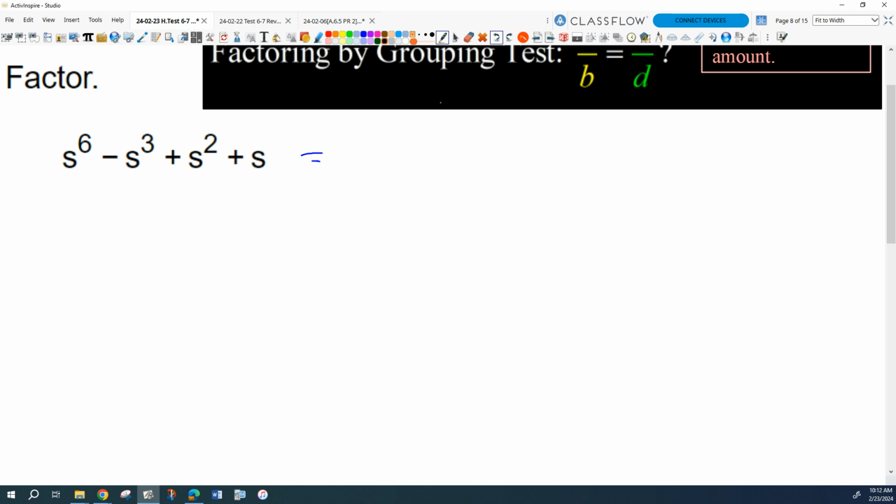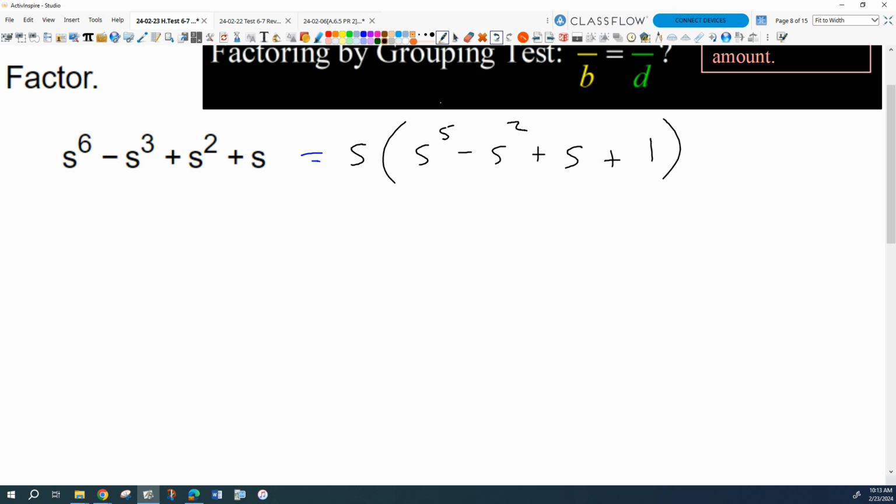It's the same thing. Both of those are wrong. Okay, here's the other thing. Some people did. If I factor out an s, they left it like that. Well, that's not quite right. Good, I need a plus 1.